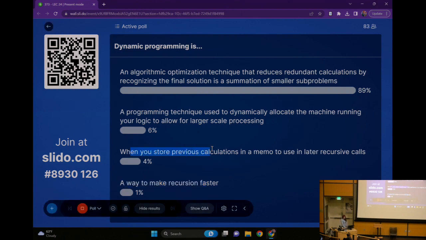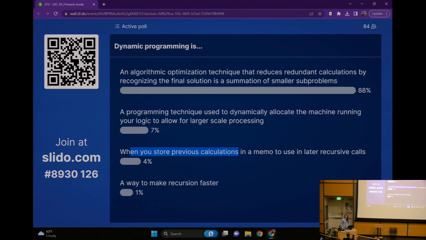Then let's look at this one. When you store previous calculations in a memo to use in later recursive calls. That one also, you could argue, is technically correct. Again, it is not by definition only applied to recursion. And also, we learned about a few different approaches to dynamic programming. The one that I hope you take away the most is memoization.